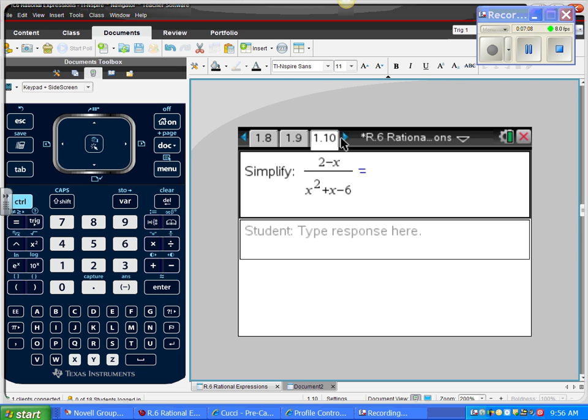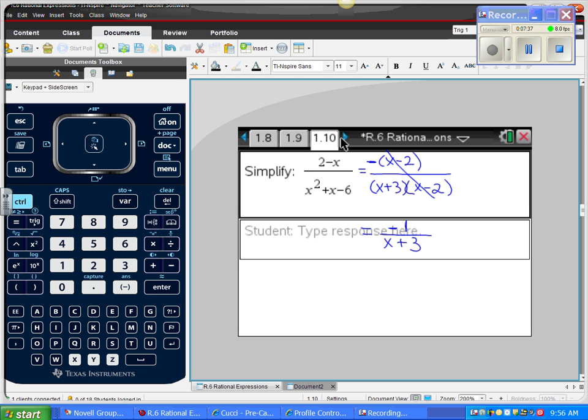What we can do is factor out a negative, which would make this x minus 2, just so it's easier for us to see. And then in the denominator, we would have x plus 3, x minus 2. That simplifies, and we get negative 1 over x plus 3.